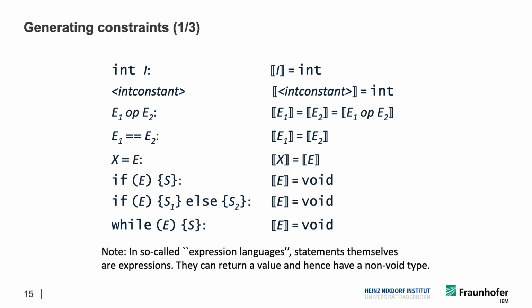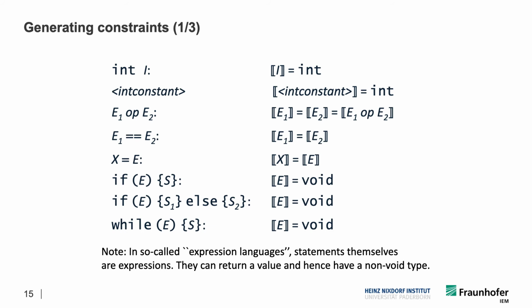There are so-called expression languages where statements themselves actually are expressions. So basically any statement that you can write, it returns something. So for instance, if you have an if then else, it will typically return the last value that was computed within the if then else.